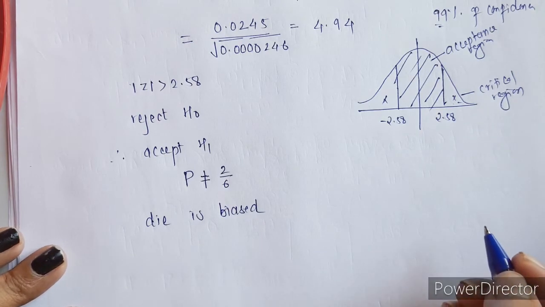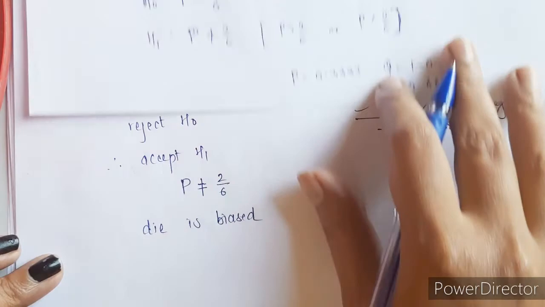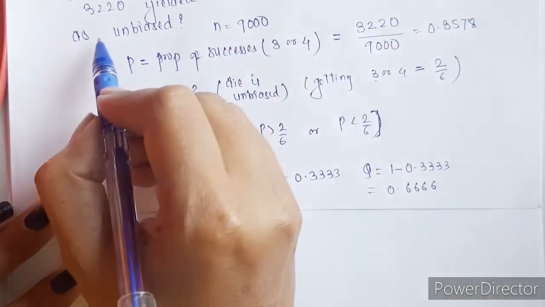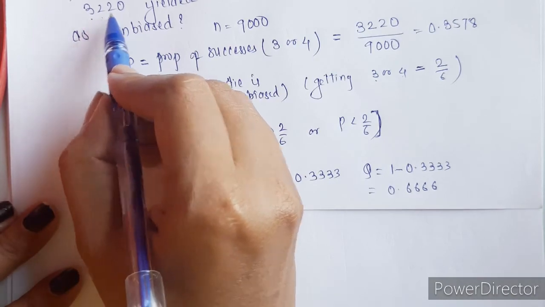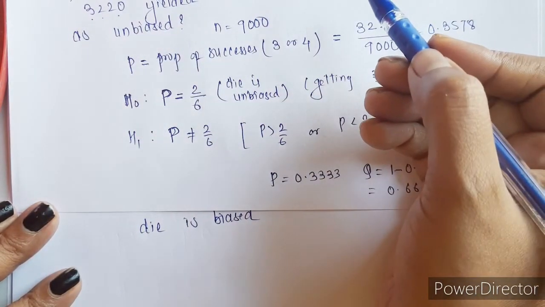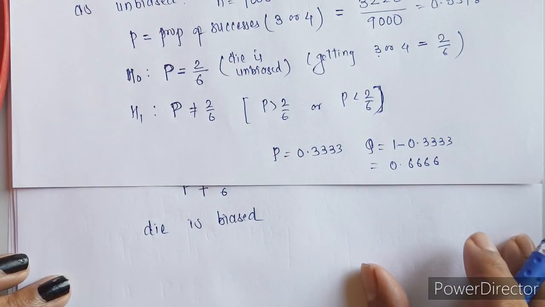So what we can conclude from here is that suppose we are throwing it 9000 times and it is giving us 3220 times either 3 or 4, that particular die is biased.